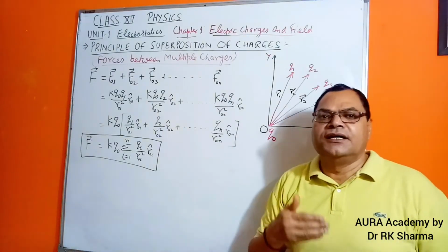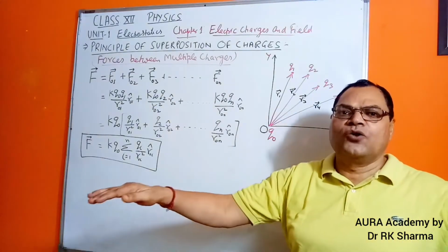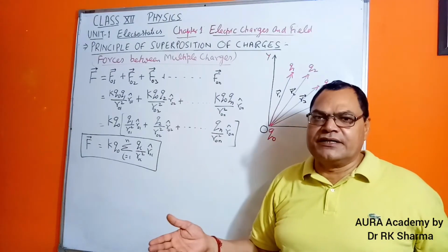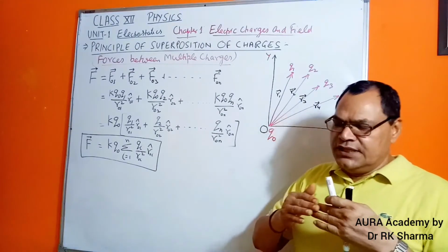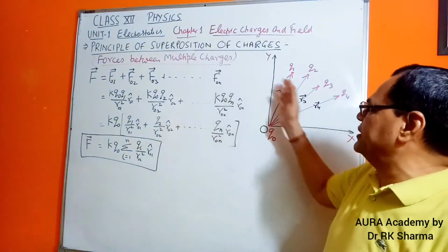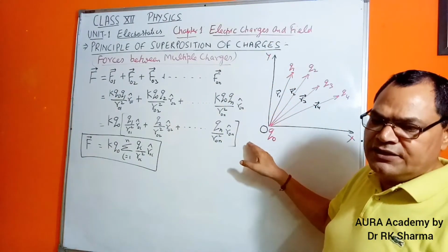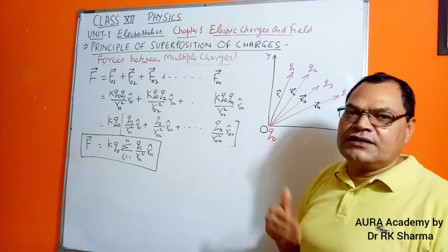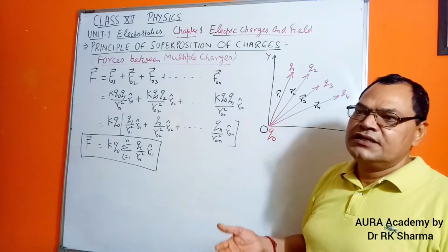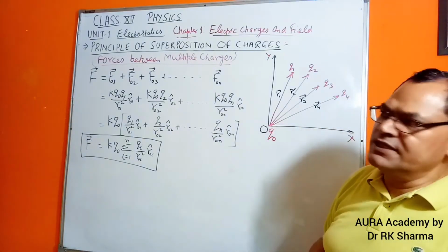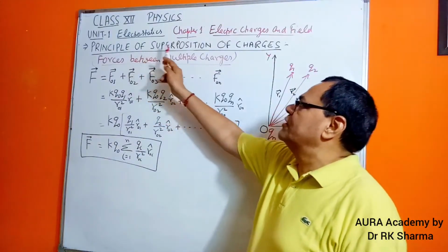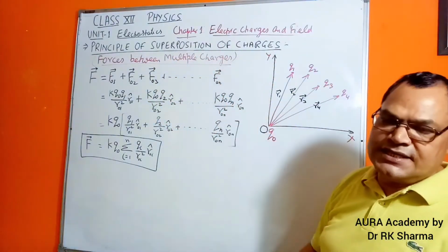As we know, force is a vector quantity, so it is simple vector addition. When we have to calculate the total force due to n number of point charges on a certain point, what is that law called? That law, or principle, is known as the principle of superposition of charges.